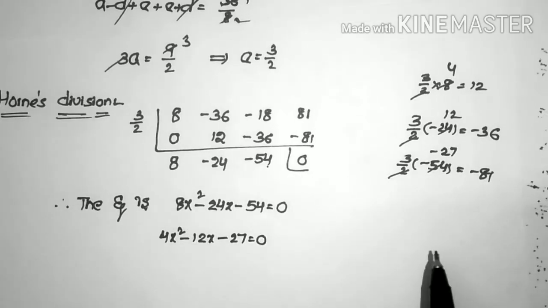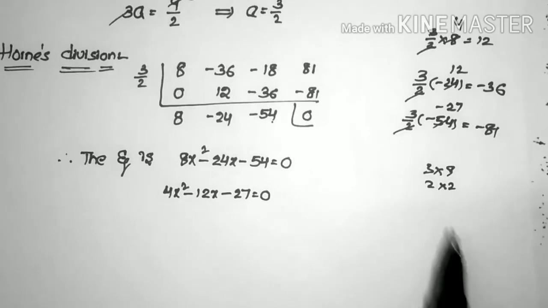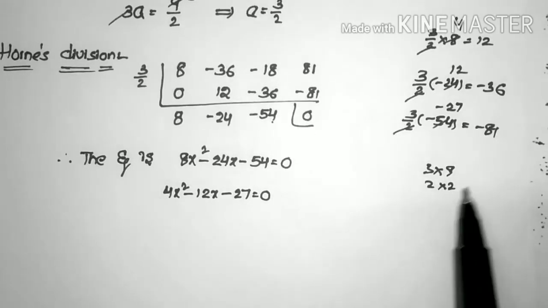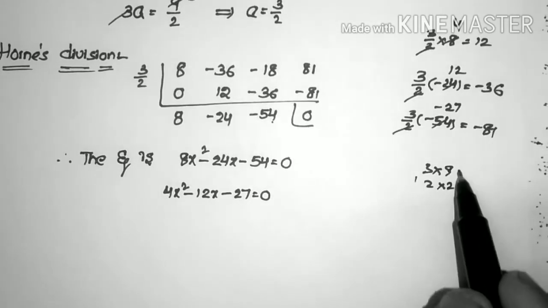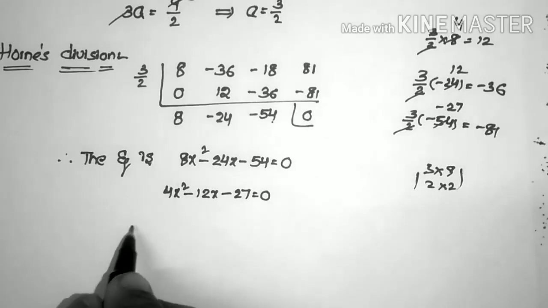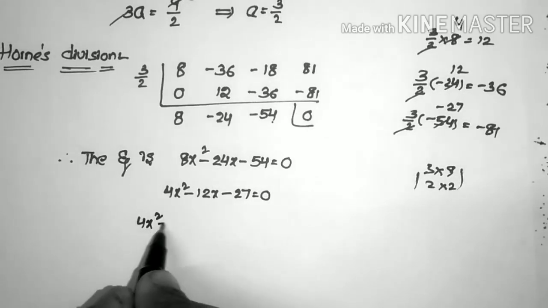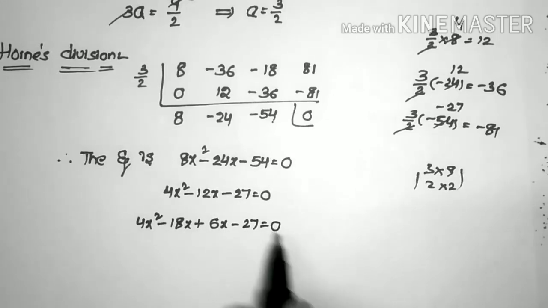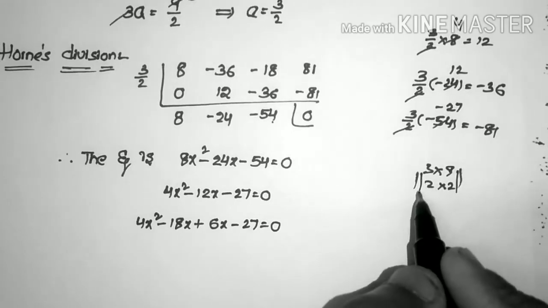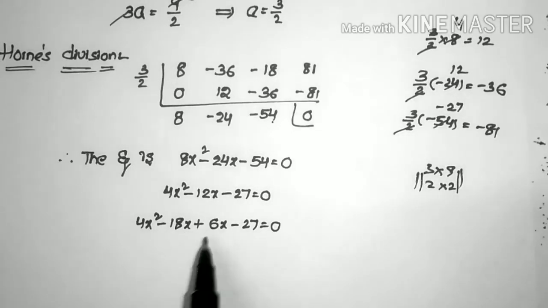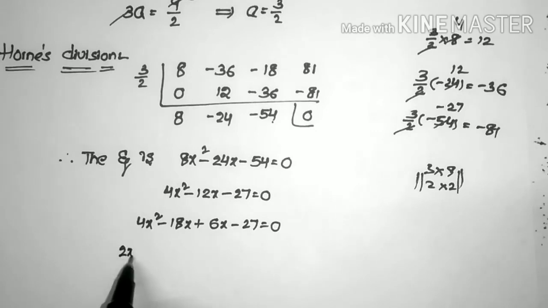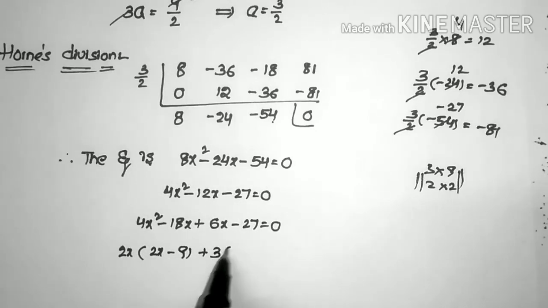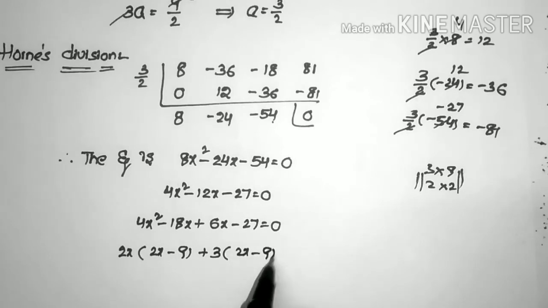Taking the factorization: 4 into 27, that is 108, 18 into 6. 18 minus 6 is equal to 12. So 4x square minus 18x plus 6x minus 27 equal to 0. Now taking 2x common here, 2x into 2x minus 9, plus taking 3 common here, 3 into 2x minus 9.